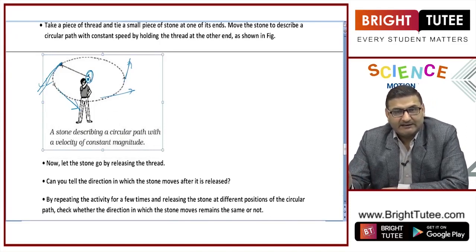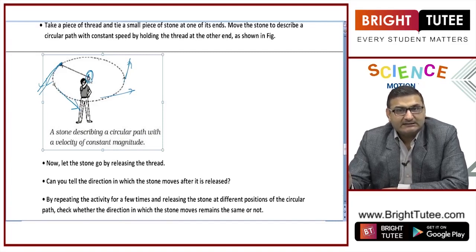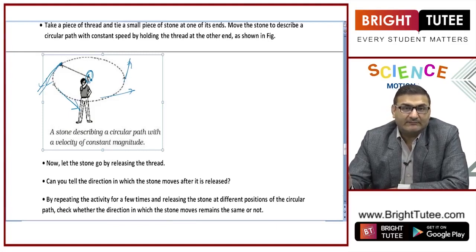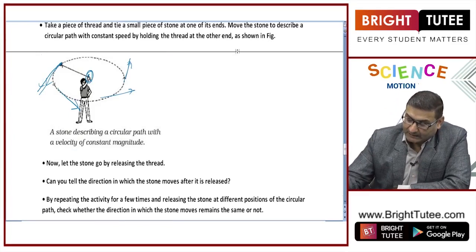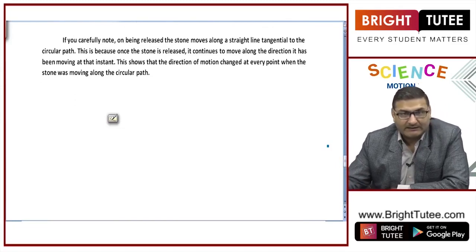Just for your knowledge, I am telling you that it is the centripetal force that is exerted from the center. Now, we know that all the planets move around the sun. From where is that centripetal force coming? That is the gravitational pull or the gravitational force of the sun. Got it? Okay.